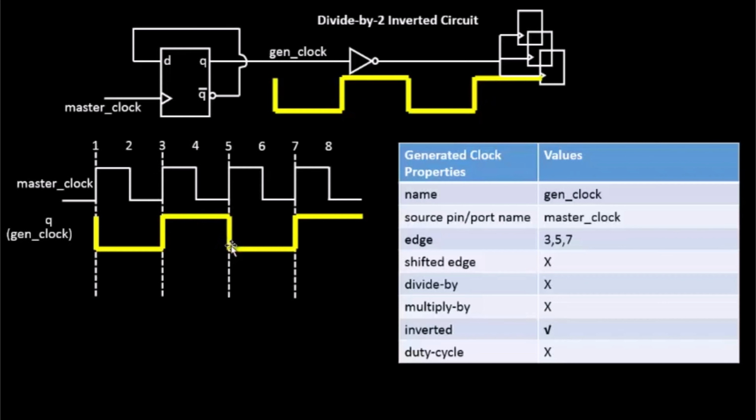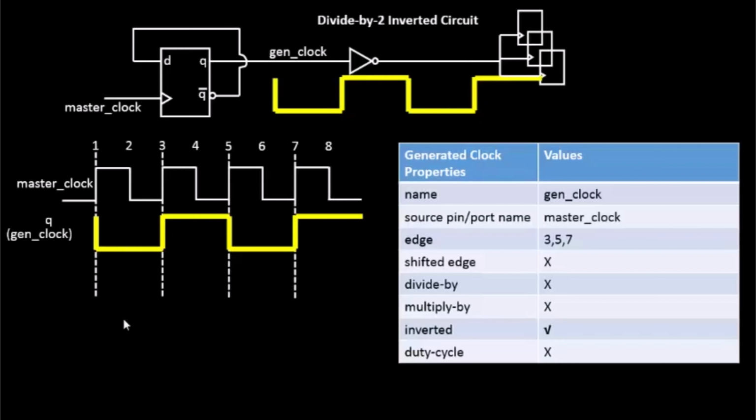The fall edge of the gen clock arrives at the fifth edge of the master clock, and the next rise edge of the gen clock arrives at the seventh edge of the master clock. This will represent your waveform, and the inverted relationship between these two will still be obtained by the inverted option that we have over here. So this is how the inverted option is used to define the relationship between the gen clock and the master clock.